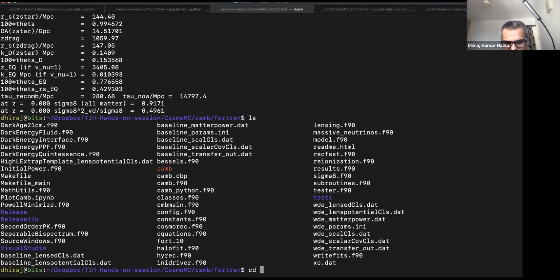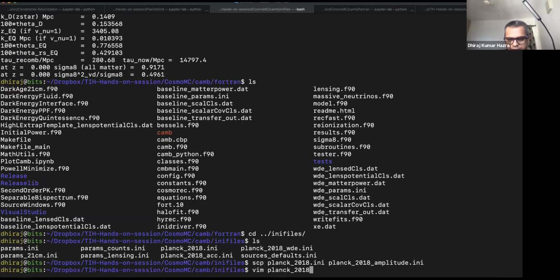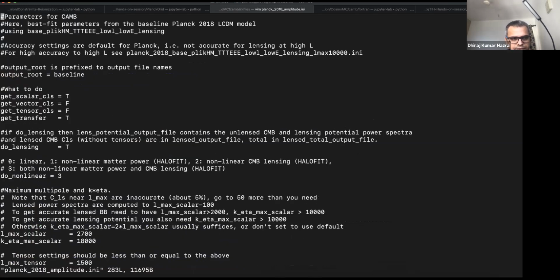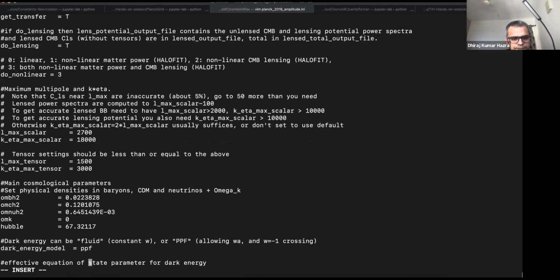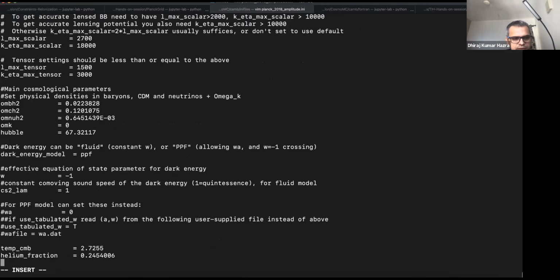Fortran, cd INI files. Now, let me just change to plan 2018.ini, to plan 2018 amplitude.ini. Okay, plan 2018 amplitude.ini. Let me just write it down as amplitude. Okay, and what I'm going to change here is the scalar amplitude.